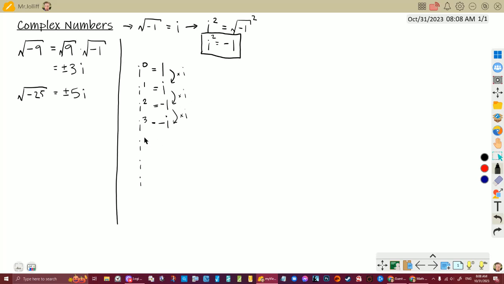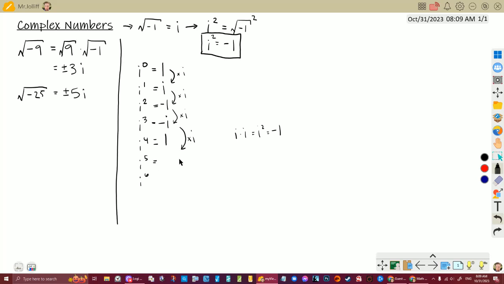And again, we start to see kind of a cool pattern here. So let me do the next couple. So the next one, we're going to multiply again by i. And I've got a -i times an i. And I know i times i is i squared, which is -1. But I've got that negative in front, and a -1 is going to be +1. And we've repeated our cycle.